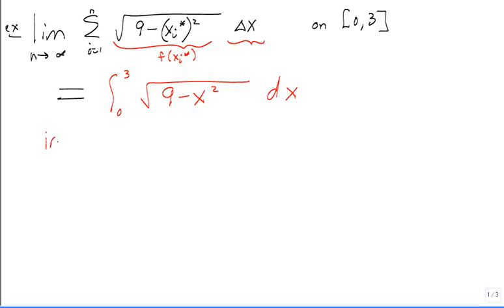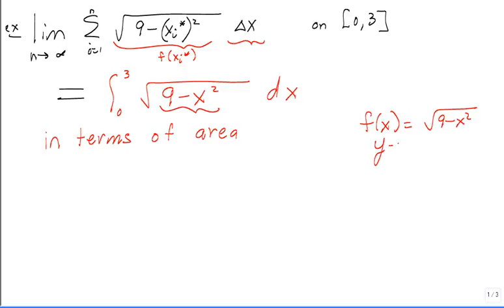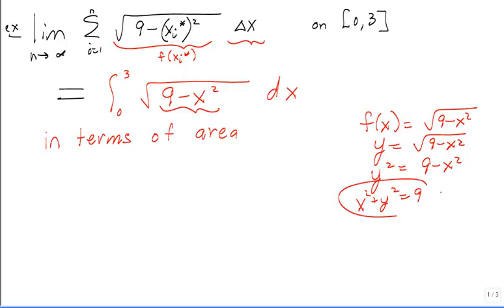Now, in terms of area, if we have f of x equals square root of 9 minus x squared, that means y equals square root of 9 minus x squared, and that gives you y squared equals 9 minus x squared, that gives you x squared plus y squared equals 9. Now that's a circle. So when you graph this, since we're only going from 0 to 3, 3 is your radius, it's just going to be the quarter circle right here.